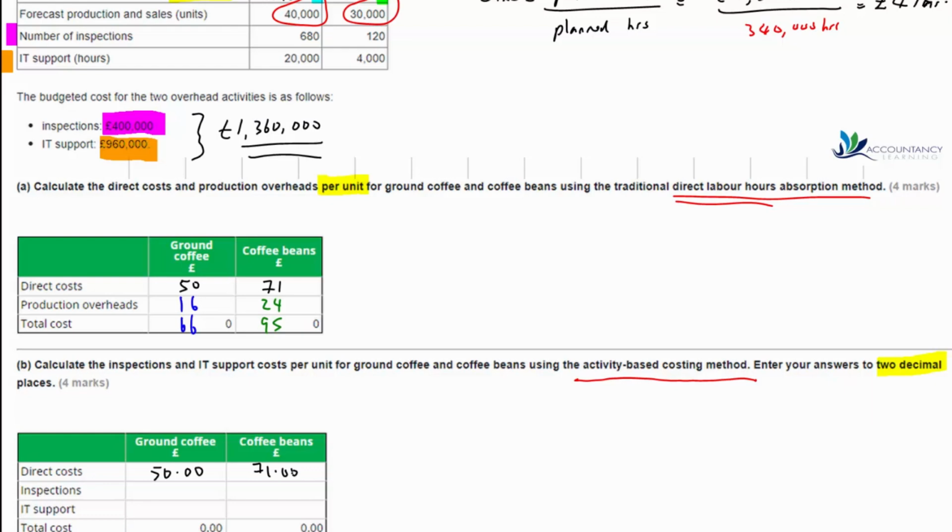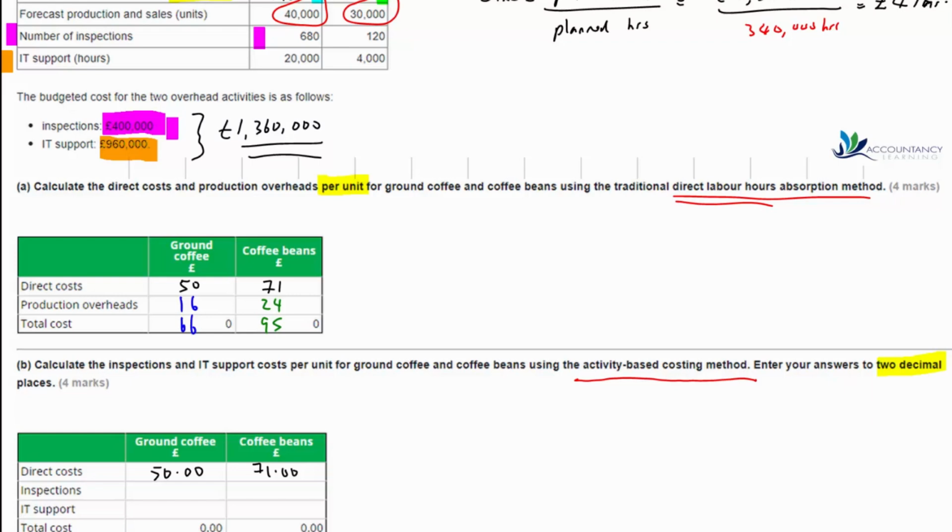But now what we need to do is work out, well, what is the cost of the inspections and the IT support for each of these? So rather than taking the whole 1,360,000 and just absorbing that into each unit, we're now going to look at the individual costs and think about, well, we need to spread the 400,000 cost between the number of inspections.